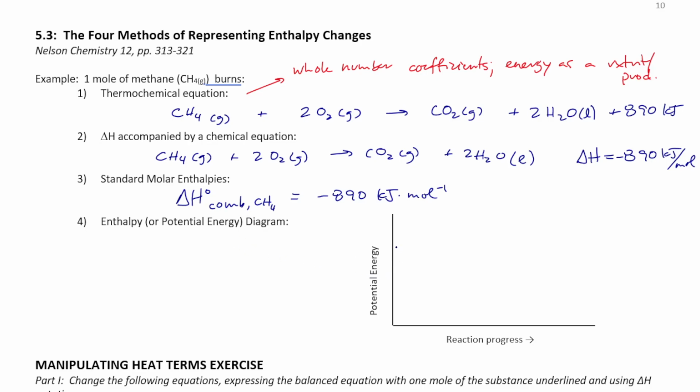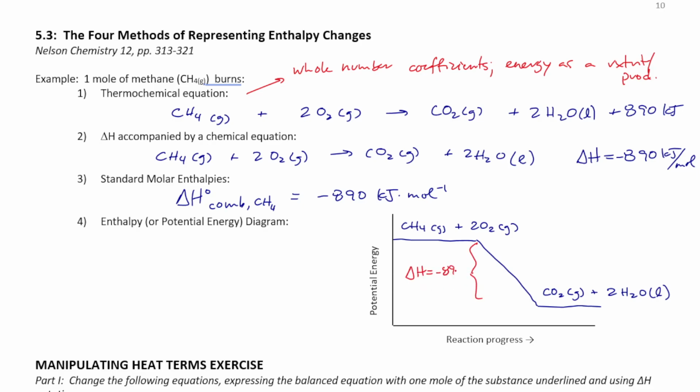And since this is an exothermic reaction, my reactants are going to start high, then it's going to drop, and then I'm going to have my products. So it goes CH4 gaseous plus 2O2 gaseous goes to form CO2 gaseous plus 2H2O liquid. Okay, and then I show that my delta H for this reaction is equal to negative 890 kilojoules right there. Okay, thanks for watching.